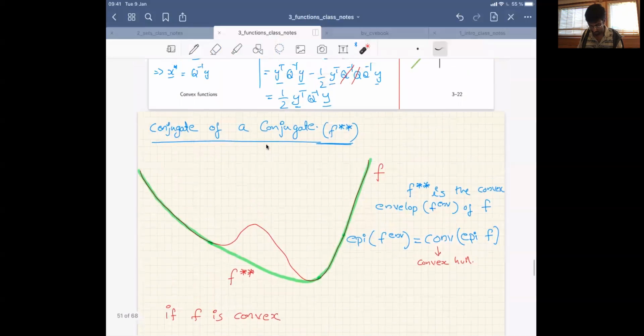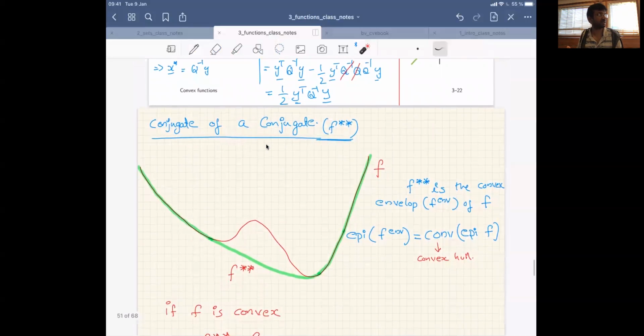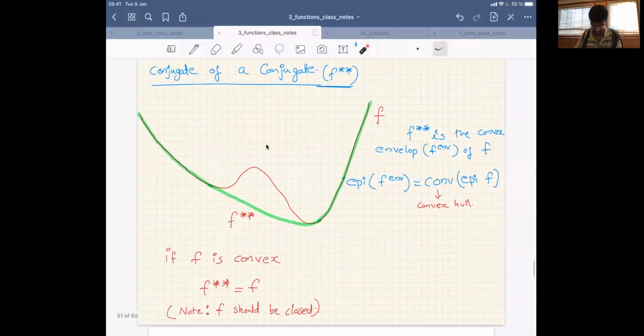But what happens when the function is convex? Then you are taking the conjugate of the conjugate. What will be the convex envelope of a convex function? It will be the same function, right? So if f is convex, then if you take the double conjugate, you will get the original function back.